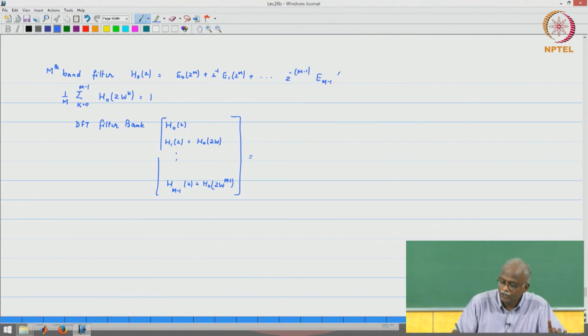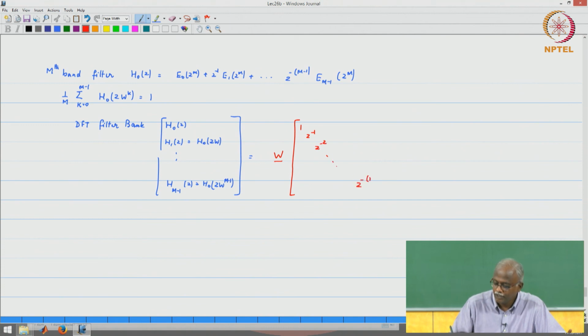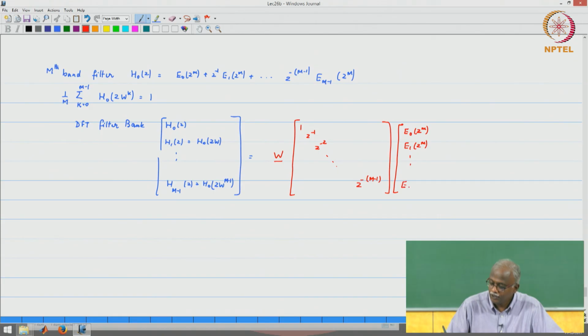Now please verify, I think we may have already written this, but in case we have not, this can be written as the DFT matrix times a diagonal matrix which is 1, z inverse, z minus 2, dot dot dot, z^(minus (m minus 1)), times the vector E naught of z^m, E1 of z^m, up to E m minus 1 of z^m.